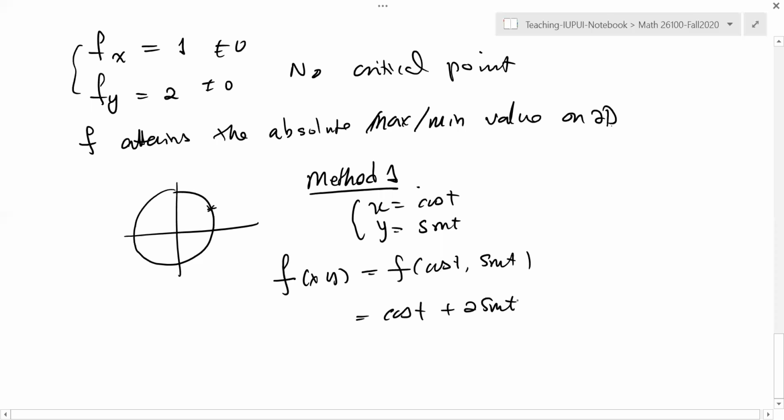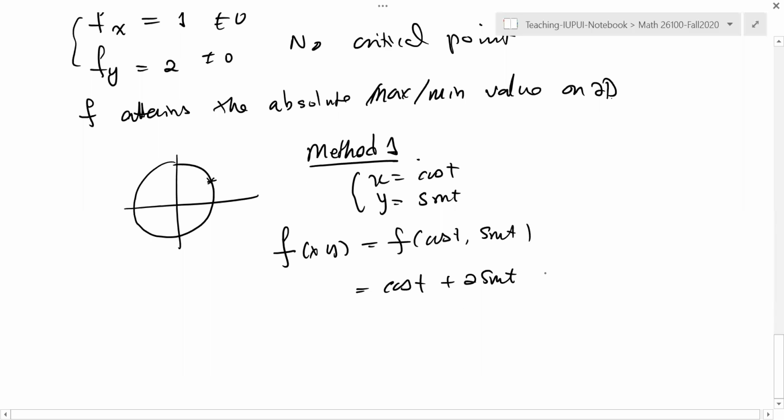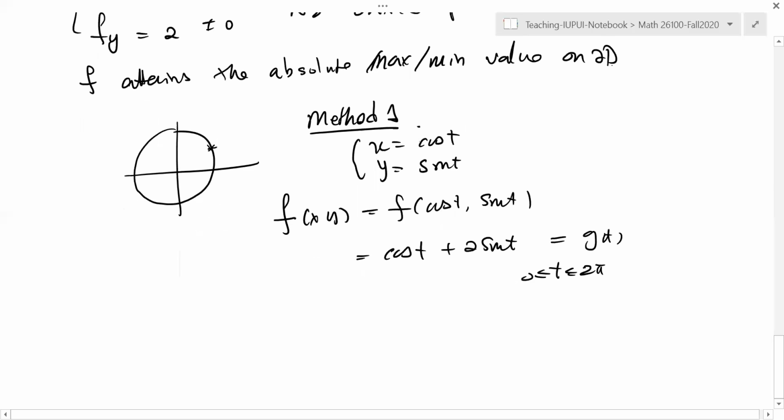Then you're trying to find the max. Let's call it g(t), where t is between 0 and 2 pi. We just need to find the maximum value and minimum value of this new function of one variable on the interval. It's a periodic function, so let's just look at this on the interval.